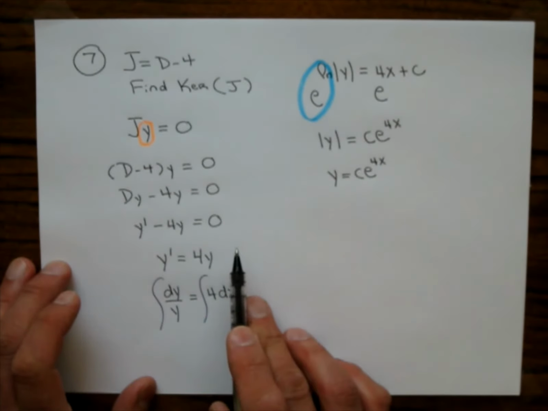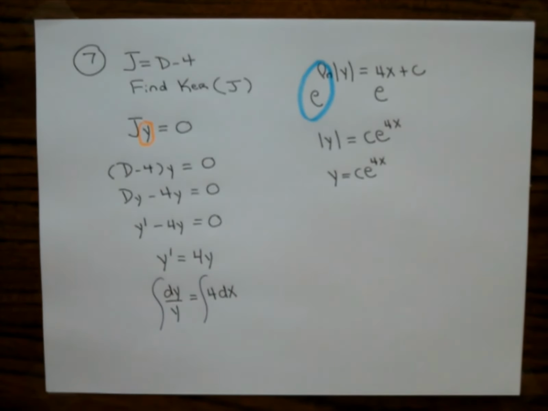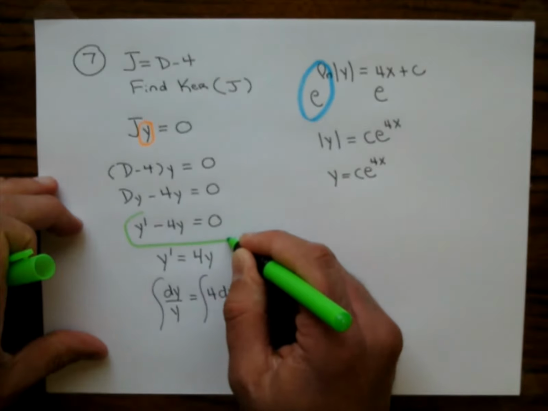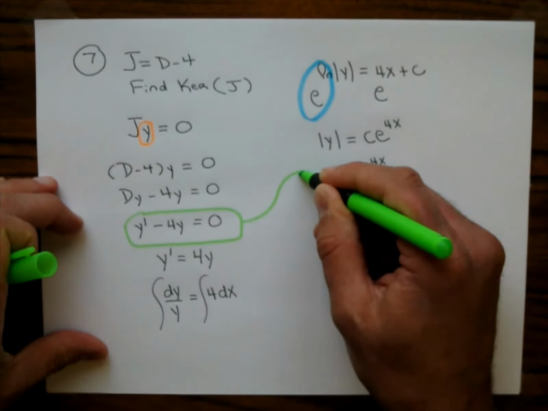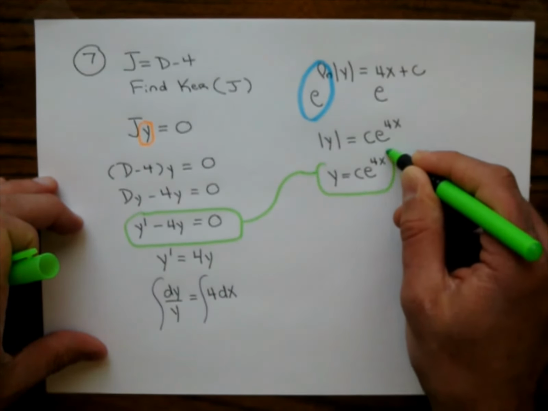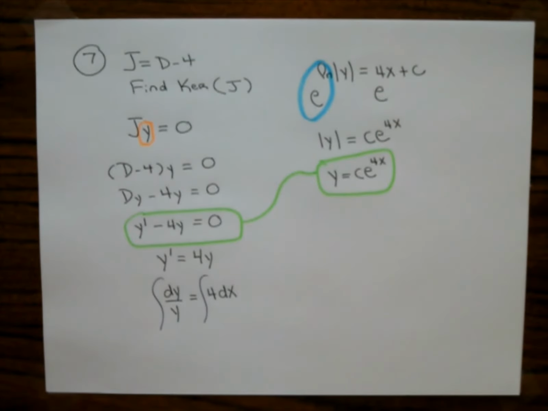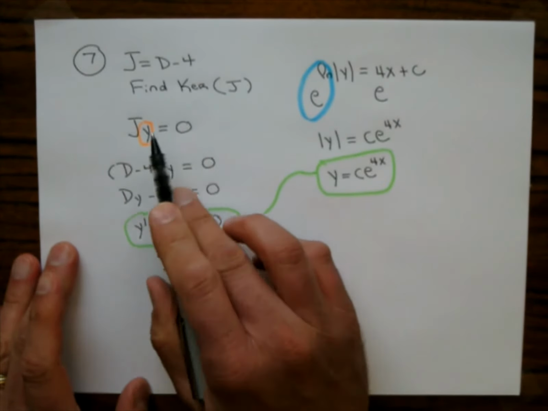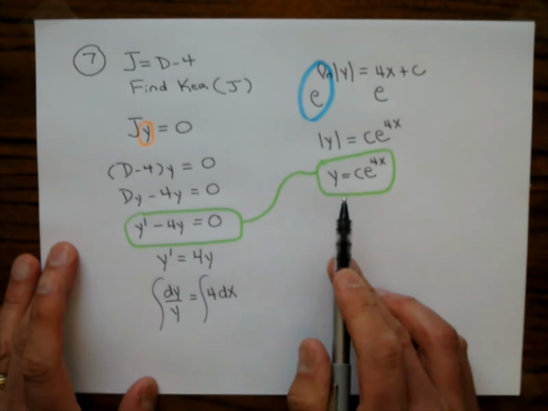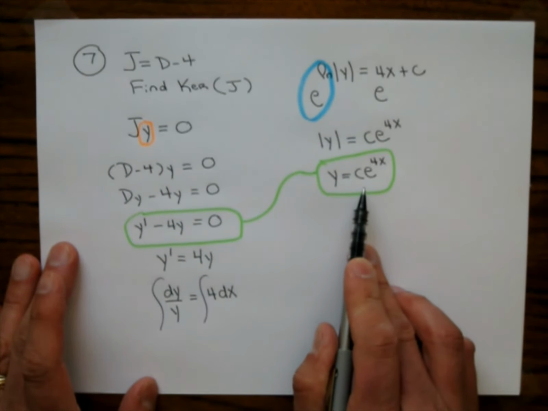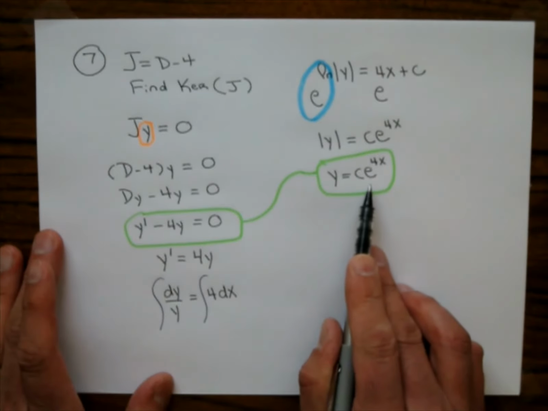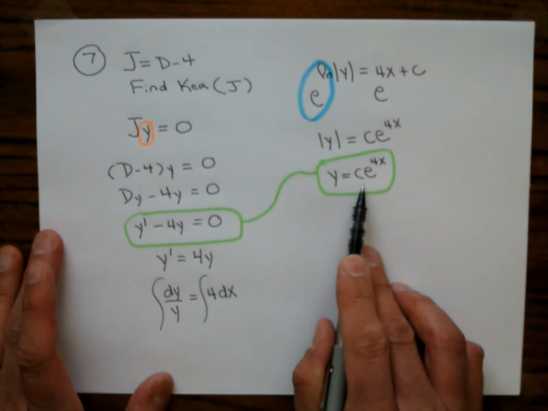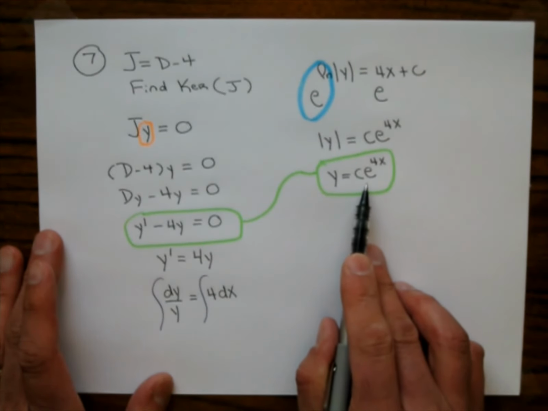So if this was just written as the differential equation, solve this differential equation, then there's the answer right here. However, we were asking to find the kernel of J, so it's all these creatures here. And on the right-hand side of this equation, it does look like a linear combination of just one thing.